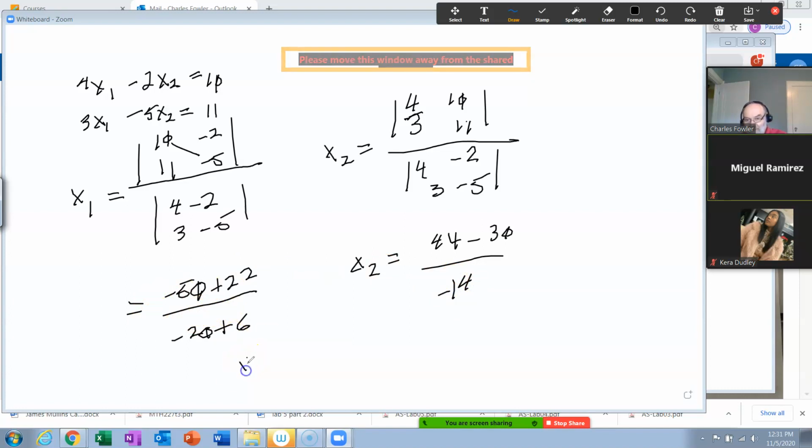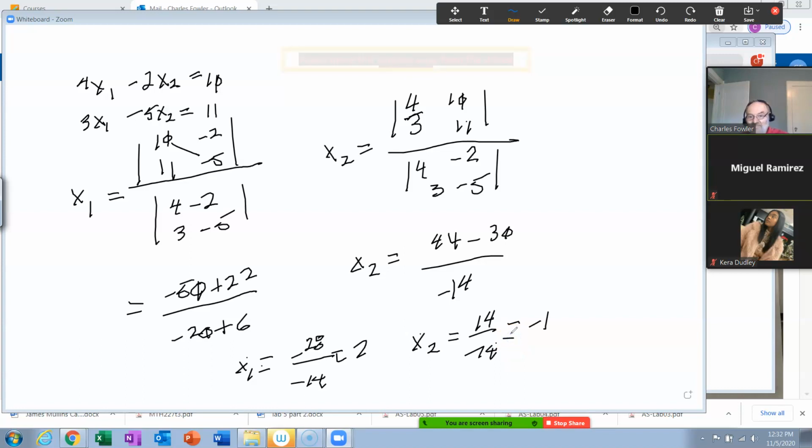So x sub 1 is equal to, looks like about a 28, -28 over a -14, which is a 2. Okay, and x sub 2 is a 14 over a -14, which is a -1.